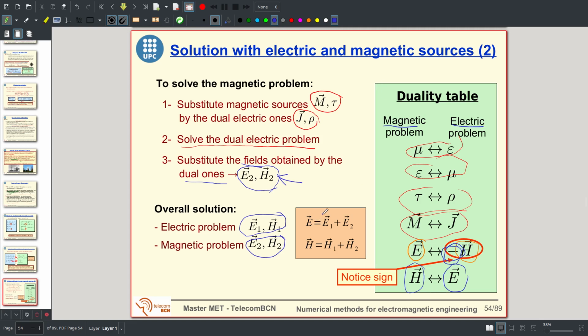And then we obtain the overall solution summing E1 and H1 with E2 and H2. That is the solution of the electric problem plus the solution of the magnetic problem. So now you know how to deal with electric and magnetic sources and how to obtain the solution with them in Maxwell's equations.